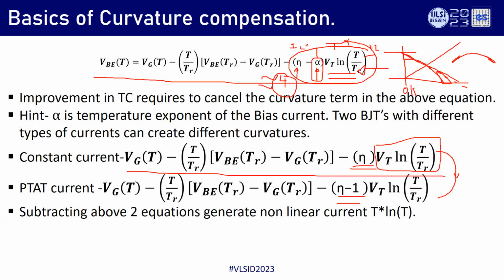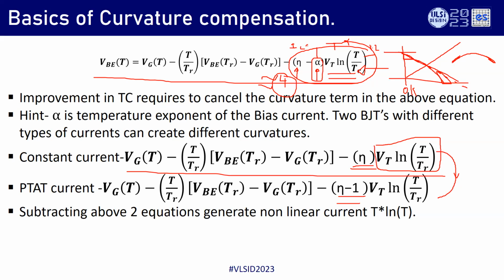And so in any bandgap which had been discussed so far, where the current through the BJT is PTAT, which is magic, because of that alpha equal to 1. So curvature is a little bit more compensated by default with a PTAT current. If somebody tried a bandgap with constant BJT current, that would have been a lot worse.